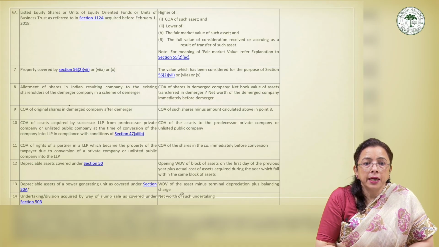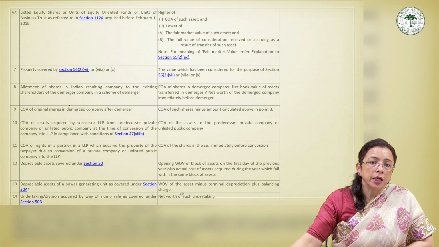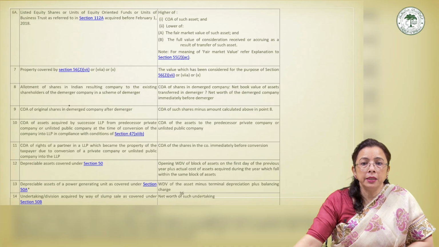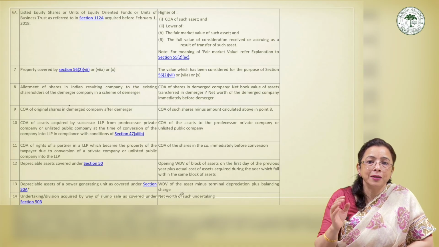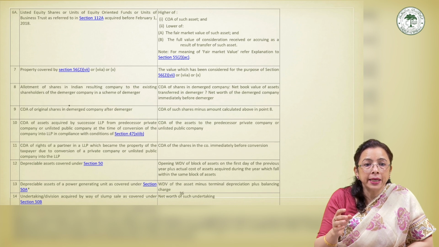Next is regarding the cost of rights of partners in LLP after the conversion. When a company converts into LLP, then the shareholders of that company become partners in that LLP.